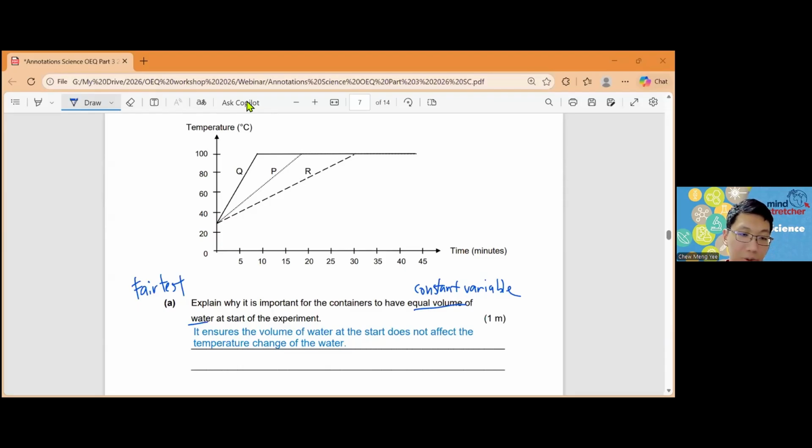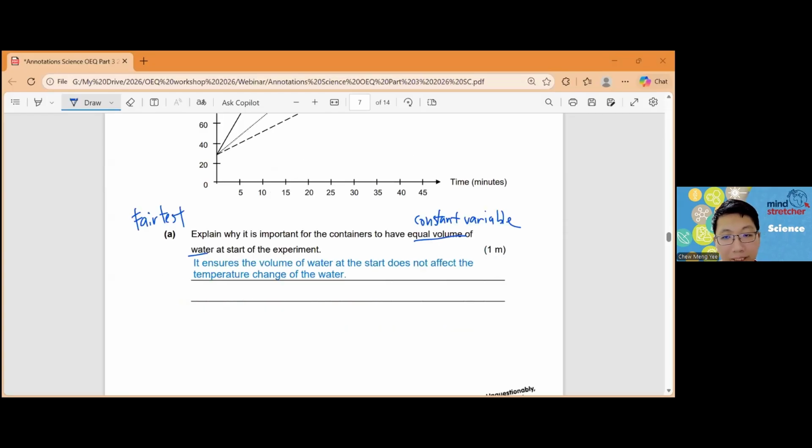Or they can give you 3 MCQs, that's already 6 marks, and 4 marks in structured. Because electricity is quite a big topic, they can test you a lot of things: arrangement, brightness, connection, wrong connection, and a lot of other things.